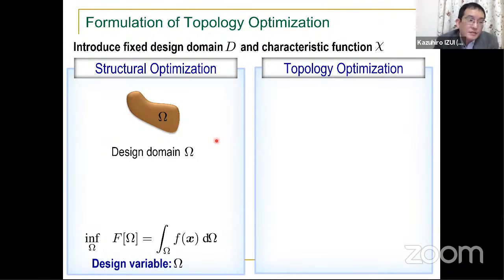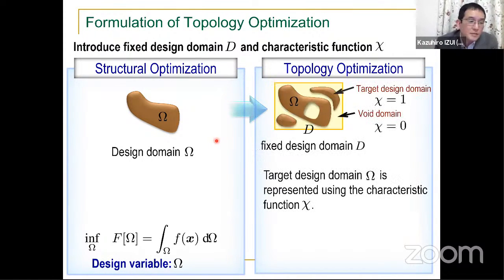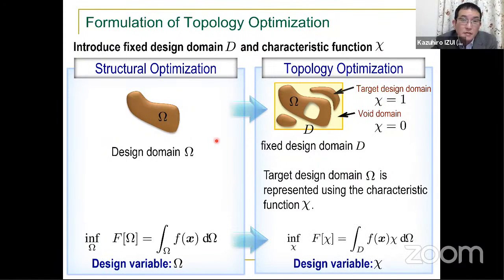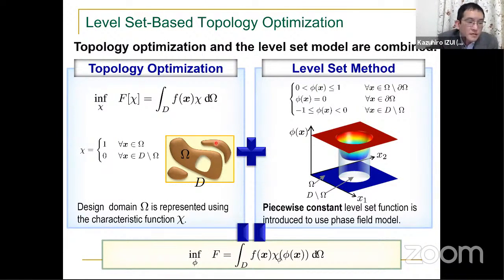And in our implementation, we use the level set based topology optimization technique. In this technique, the structure is represented by a piecewise constant level set function. So the optimal solution obtained using this method has very clear structural boundaries.